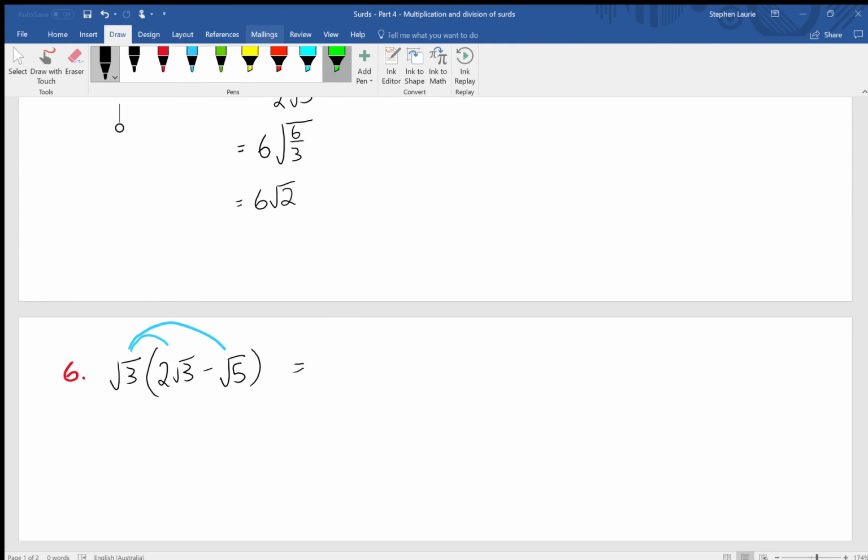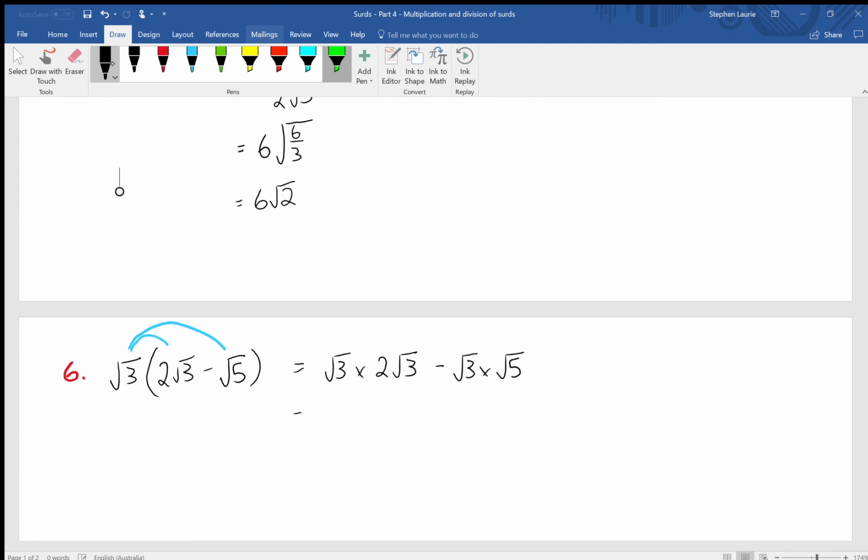Our first expansion is the square root of 3 times 2 root 3. And then our second is the square root of 3 times negative root 5. So minus square root of 3 times square root of 5.